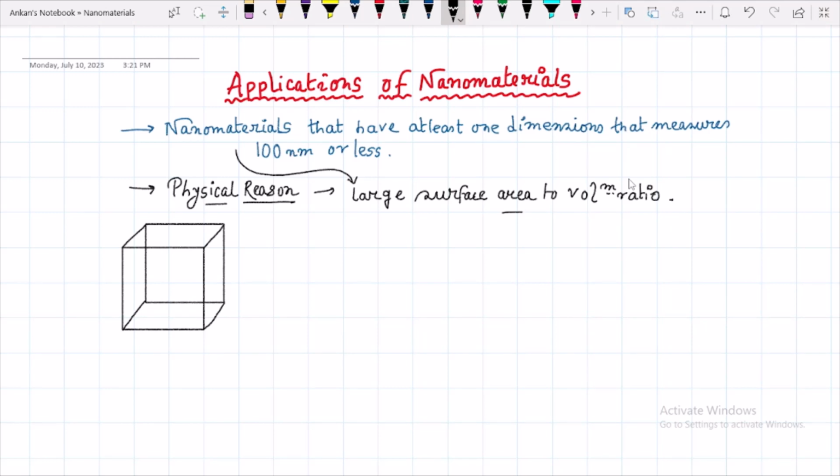Let us say this is a bulk cubic material whose edge length is 1 meter. So the total surface area is about 6 into 1 meter square, that is, 6 meter square. Fine.